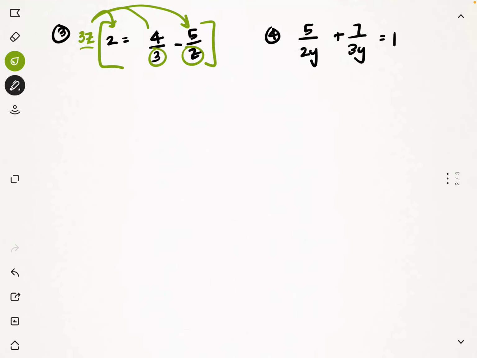So 3z times 2 is 6z. 3z times 4 is 12z over 3. And then 3z times 5 is 15z over z.